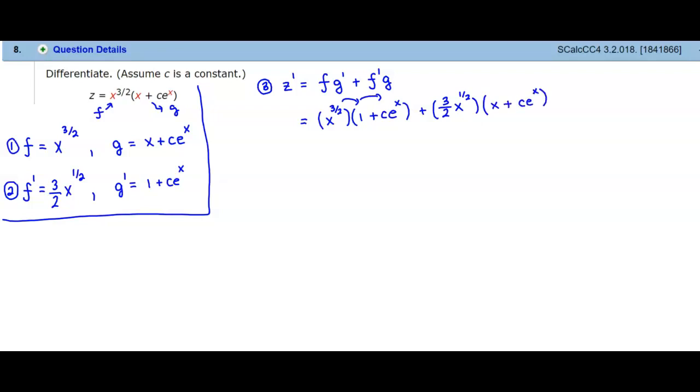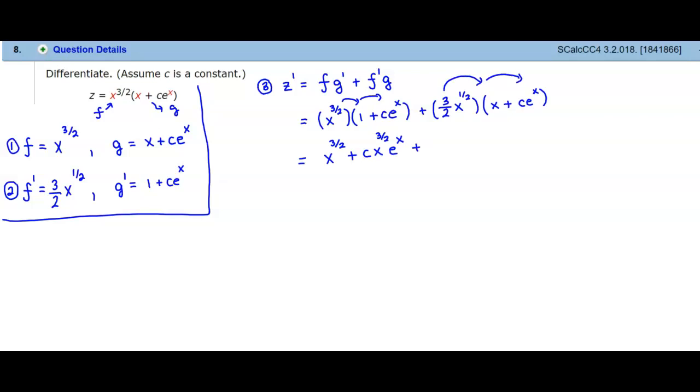So now we're going to distribute. x to the 3/2 times 1 is going to give us x to the 3/2, plus c, which is the constant, times x to the 3/2 e to the x. And now we're going to distribute those two.